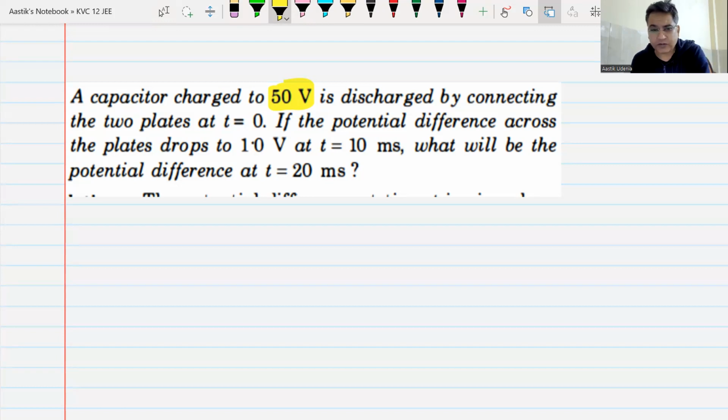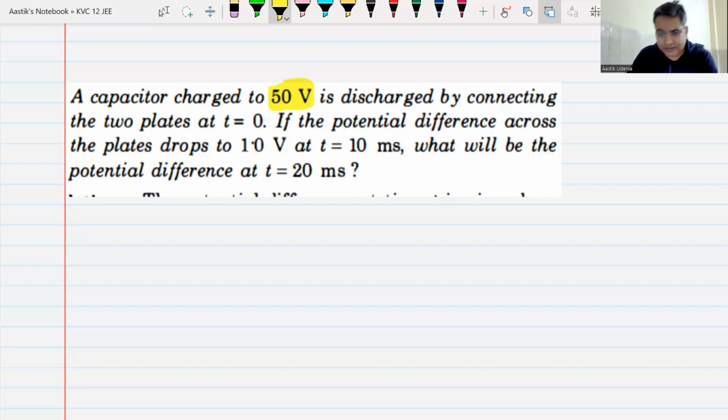Can anyone tell me the formula of discharging of capacitor? Any formula that you remember? We have written it 2 or 3 times. No one remembers it? Okay, I'll give you 5 minutes.